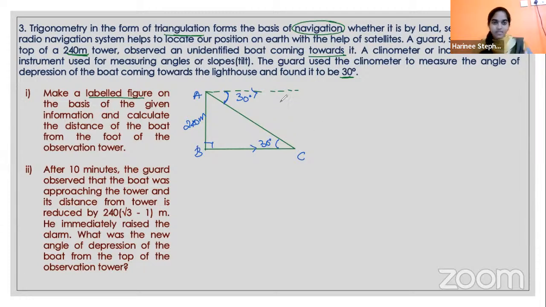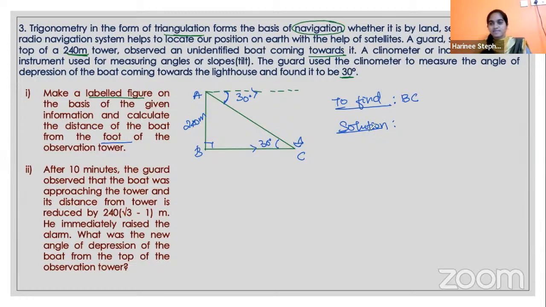Fine. So here now, since this is 30°, how are you supposed to calculate the distance of boat from the foot of the tower? First of all, which line segment represents the distance of boat from foot of the tower, assuming this as the boat? It's BC, ma'am. Yes, correct. BC. So BC is what we need to find. So which trigonometric ratio?